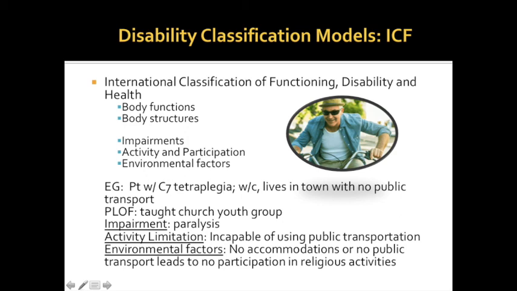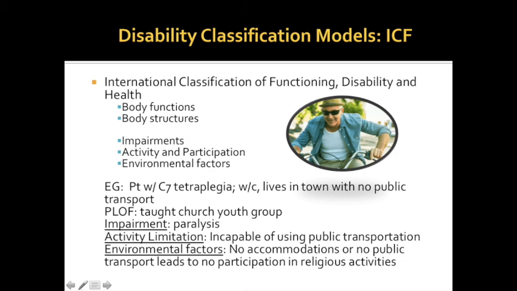Participation restrictions are going to be problems an individual may experience with involvement in these life situations. Would they be able to continue with the things that they used to do? If they can't, they are experiencing activity limitations. Environmental factors. Again, we're looking at those physical, social, and attitudinal environments in which people live.